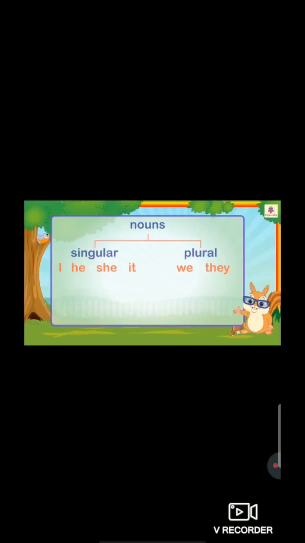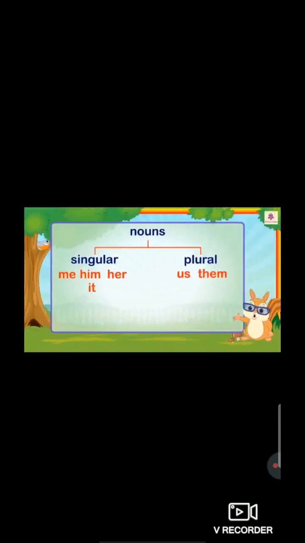So for any noun, if it is more than one, we are going to use the pronouns we and they. Right students? And for a singular person, one thing, one person, we are going to use the pronouns I, he, she, it. So students, everyone understood singular and plural, how to use the pronoun words?